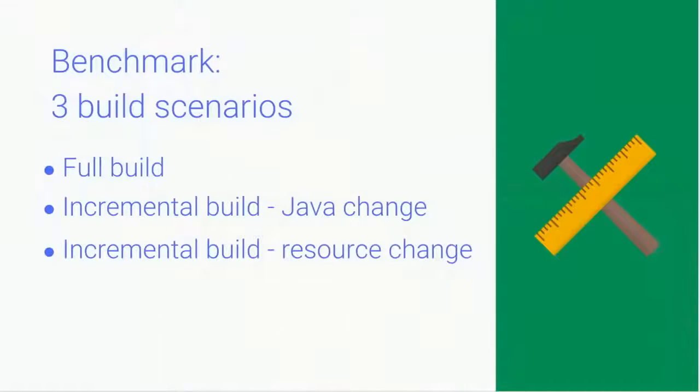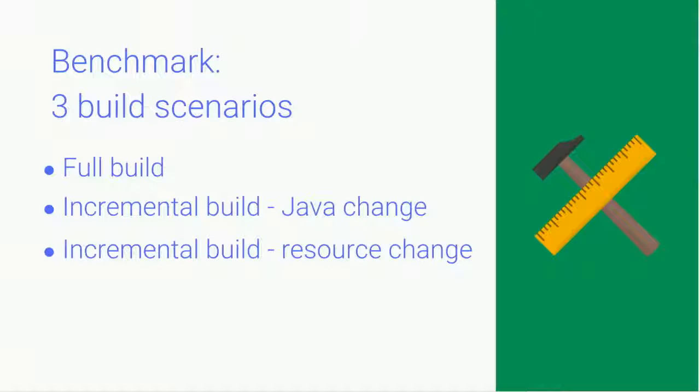Now, for benchmarking of this project, I'm going to show you 3 sets of numbers focused on 3 build scenarios. The first one is simply a full build. It's just a clean assemble debug. The second one is an incremental build with a Java change. It's a one-line Java change in a method implementation. And the third one is an incremental build with a resource change.